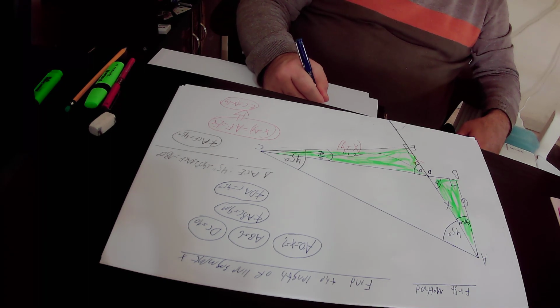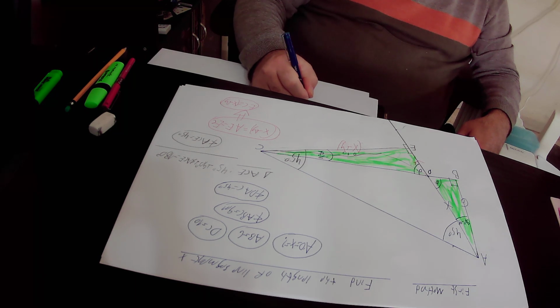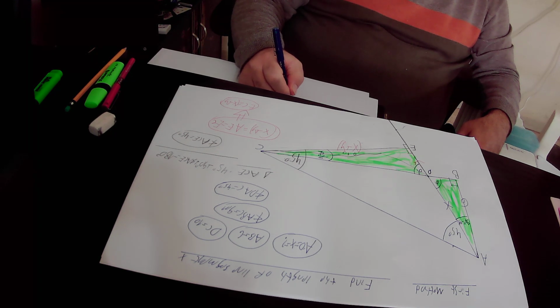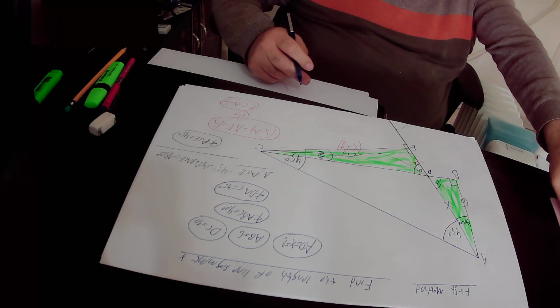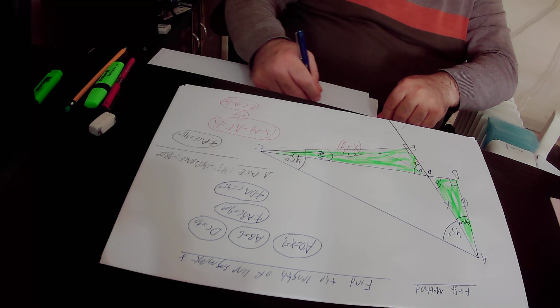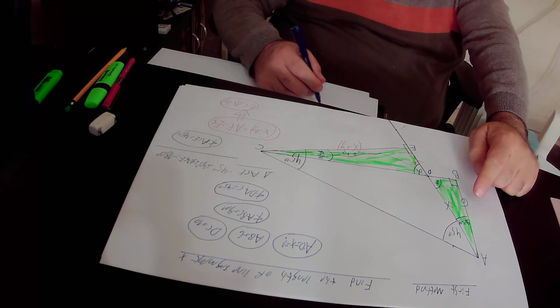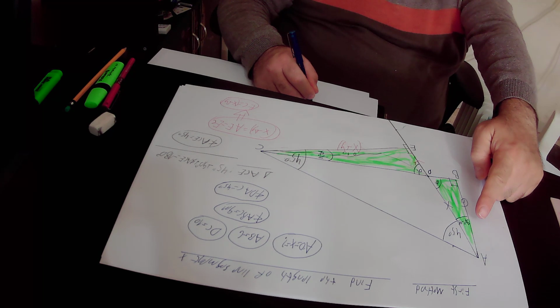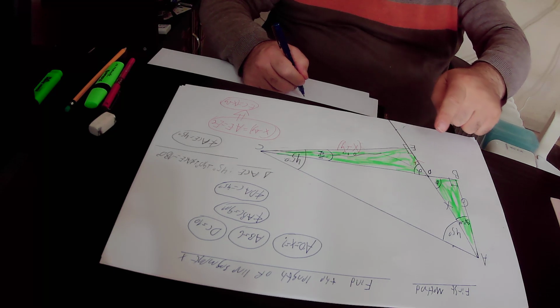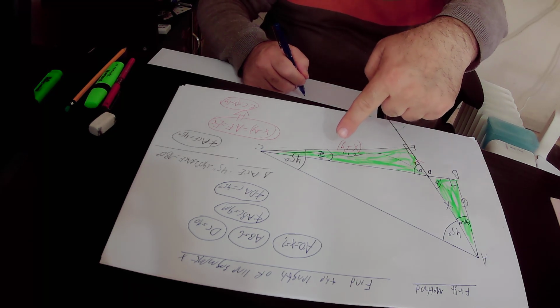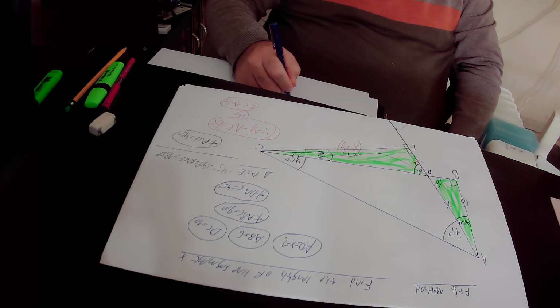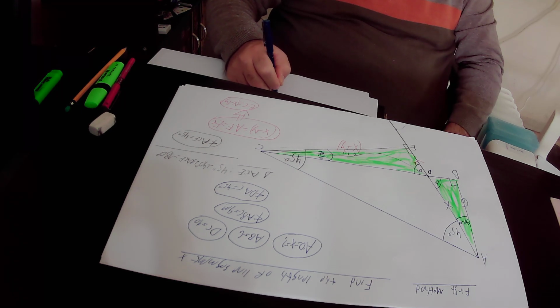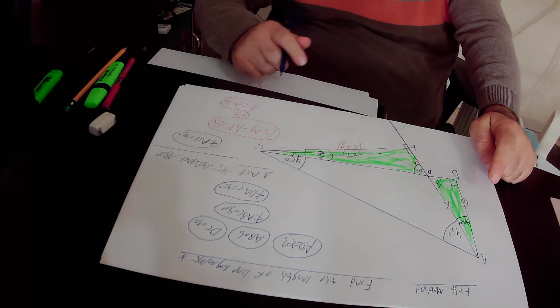We have triangle ABD and triangle CDE. Those two right green triangles are similar to each other because we have angle BAD, this angle, that is equal to angle ECD, this angle, and both angles are equal to 90 degrees minus alpha.